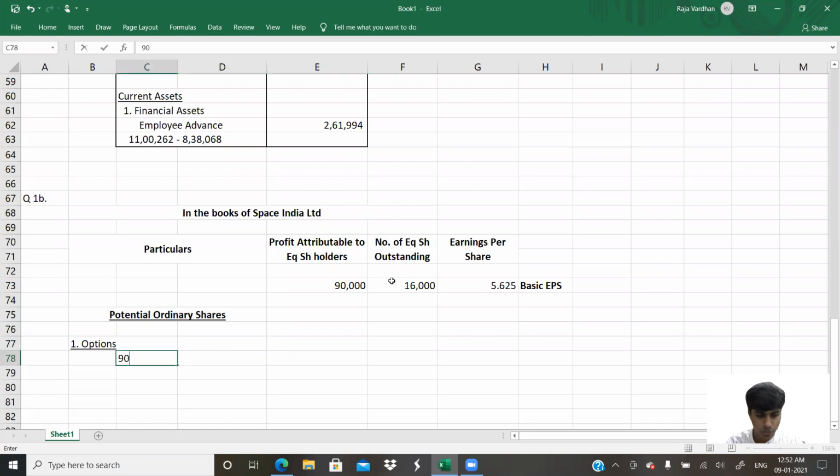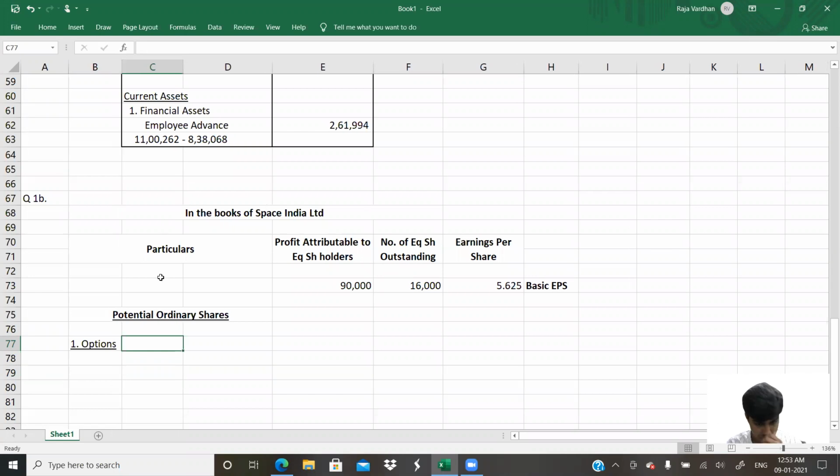So what am I trying to do? I'll write it differently. Options: how many options? 900. Fair value per share: how much? 90.